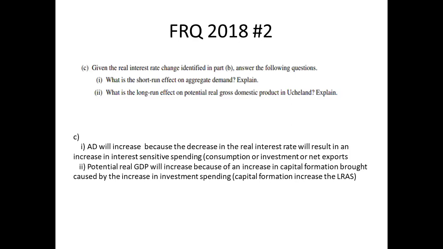Potential real GDP is going to increase because of one reason here, investment. Consumption is good in the short run, doesn't always help in the long run. Net exports, good in the short run, doesn't always help in the long run. However, investment, that is what's going to help increase our potential real GDP.